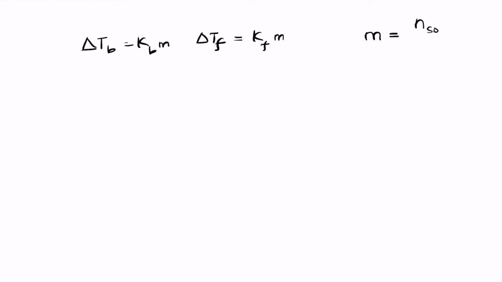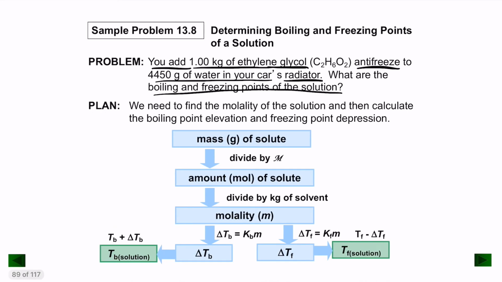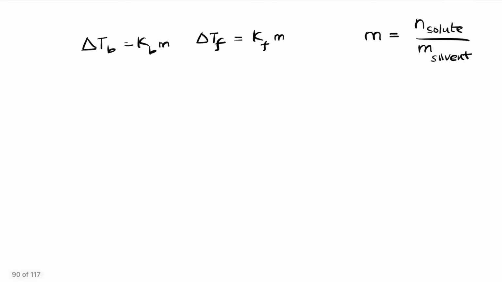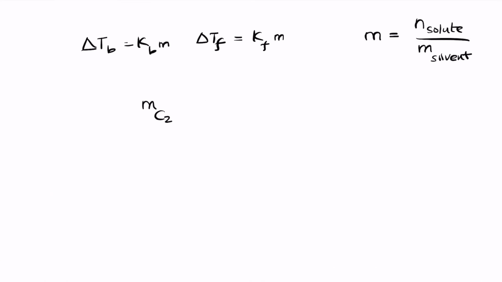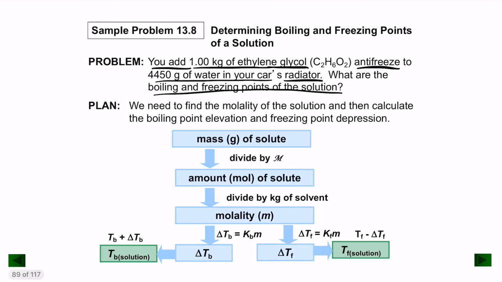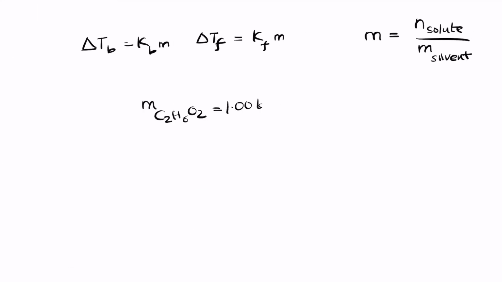Molality is the number of moles of solute per kilogram of solvent. So you add 1 kg of ethylene glycol, C2H6O2, in 4.45 kilograms of water. The mass of ethylene glycol is given as 1 kilogram, so that's about 1000 grams.